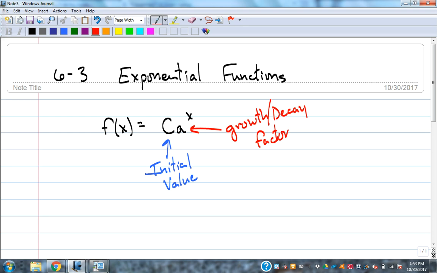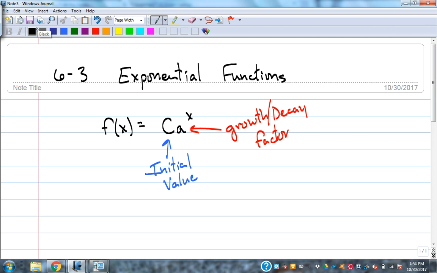All right. So exponential functions, you have an initial value. That's like if you were starting a savings account or something like that. That's something that's exponential in growth. Your first deposit is like you put $100 in the bank and you left it there for a while. The formula is a little different for that, but the idea of that initial value is the same. And then the growth factor is kind of like your interest rate.